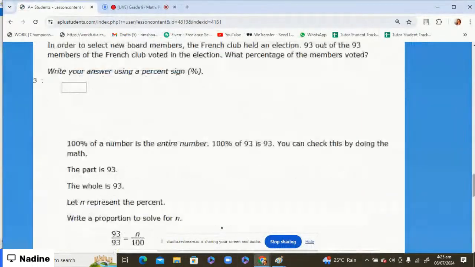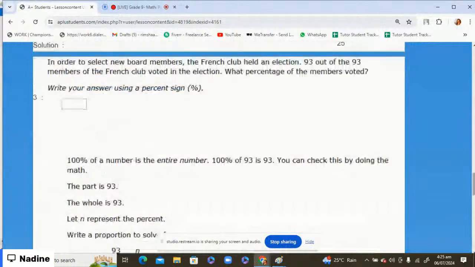Okay, let's solve this one. In order to select the new board members, the French club held an election. 93 out of 93 members. The total is 93, and the part is 93. Of the French club members, 93 voted in the election.